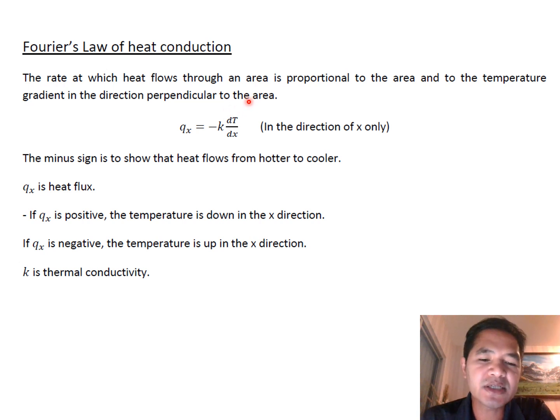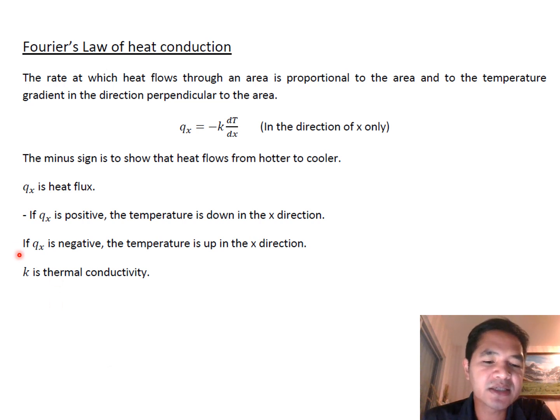Just imagine we have a heat source, say A to B, with heat flowing from A to B. The heat flux means we consider the heat flowing through a cross-sectional area between A and B, just one small cross-section.